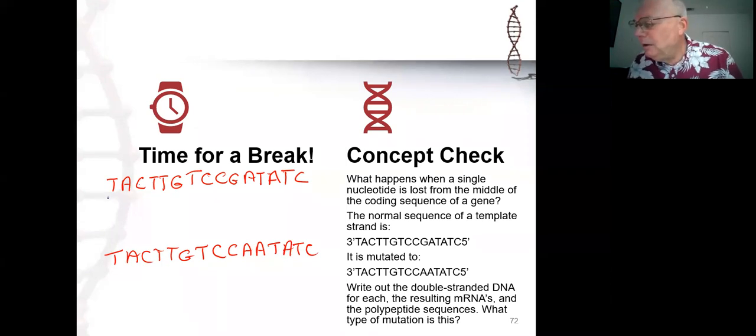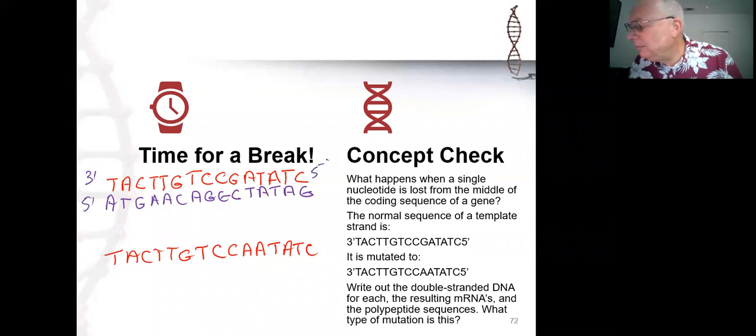So T is A is T, G, A, C, A, G, G, C, T, A, T, A, G. And this would be 3 prime, this would be 5 prime, and this would be 5 prime, and this would be 3 prime. So now let's take a look at the mutation.